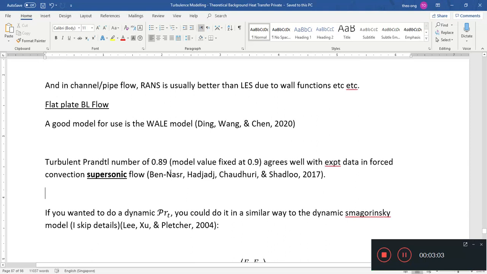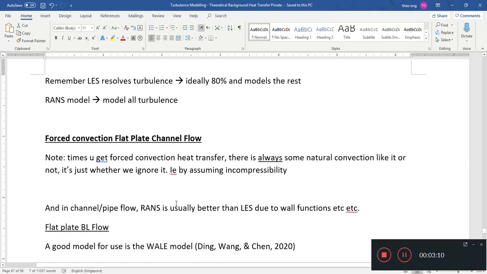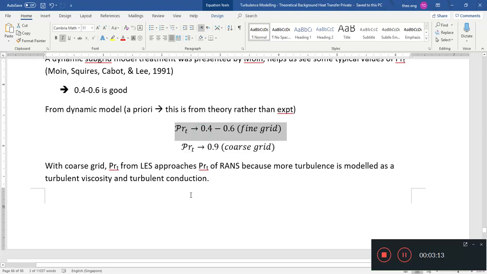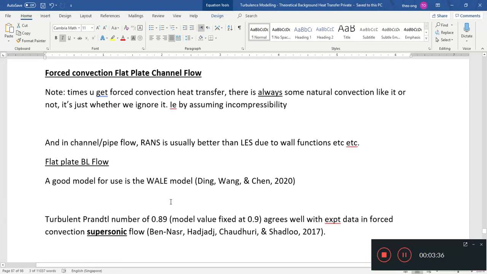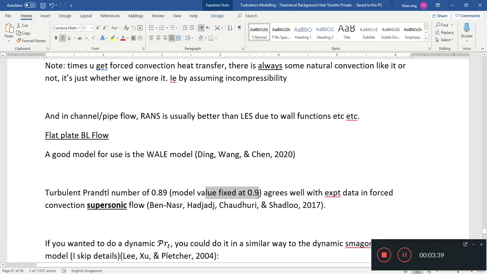So that's if you fix it. But you see the Prandtl number changes for different flow setups. This 0.4 to 0.6 was at a low Mach number, or incompressible flows, or compressible flows that you can treat as incompressible because they're flowing so slowly, below Mach 0.3. So this number fits for that. This one's for coarse grid, but apparently also supersonic flow heat transfer.